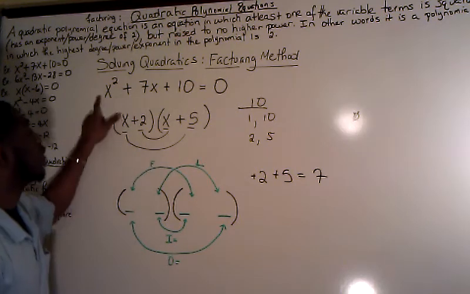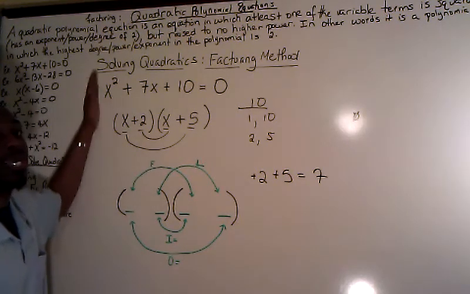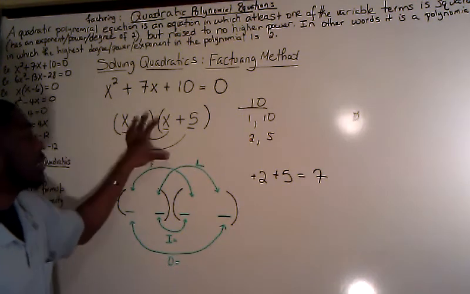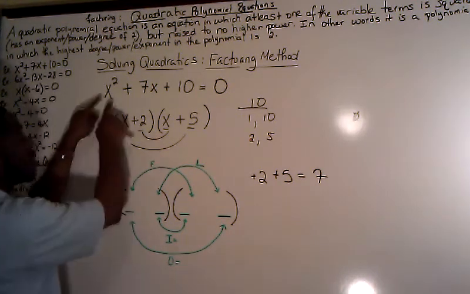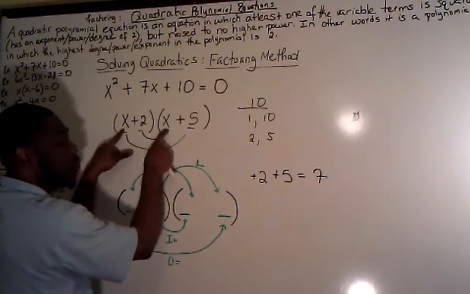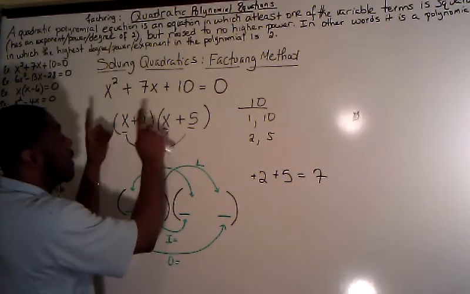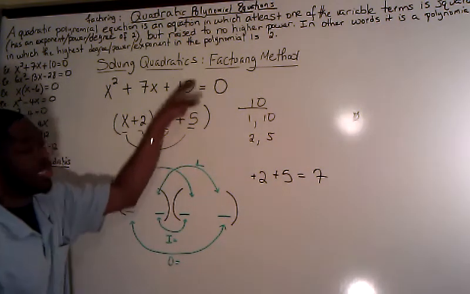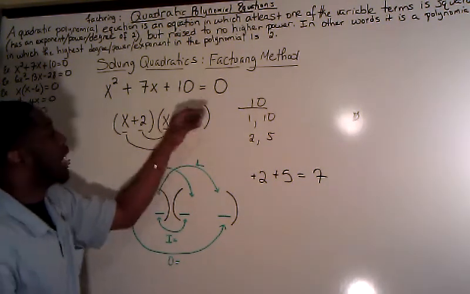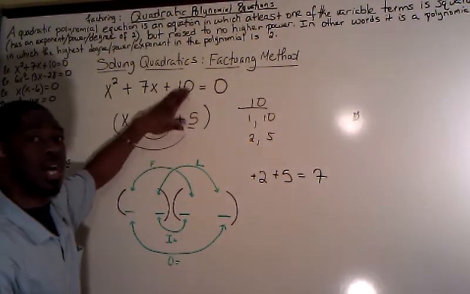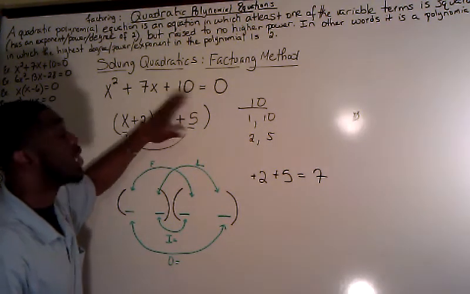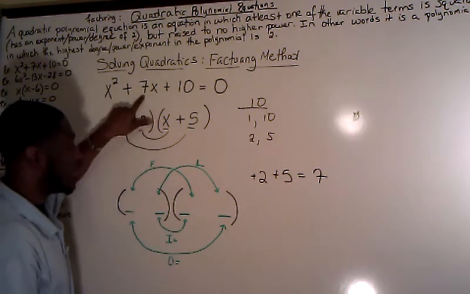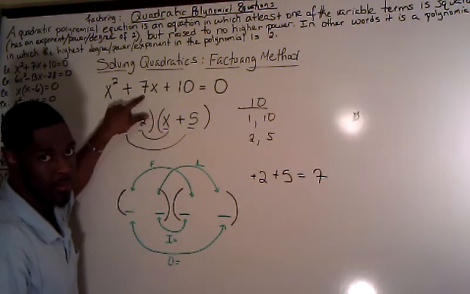So the simple case, when the coefficient of the squared term is a positive 1, then the factored form is just a matter of putting whatever this variable is, put 1 here, put 1 here. To determine what goes in here, we look at the constant term, which is the C term, and we find two factors of this constant term such that when I, whatever the sign tells me to do, add them, I get this middle number here.